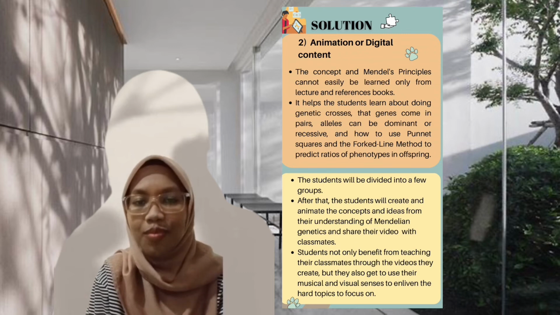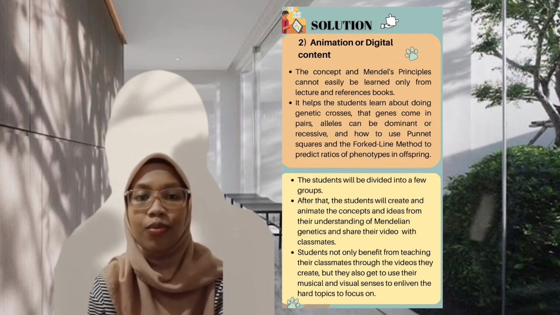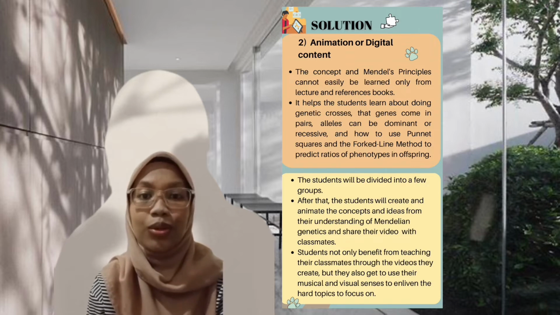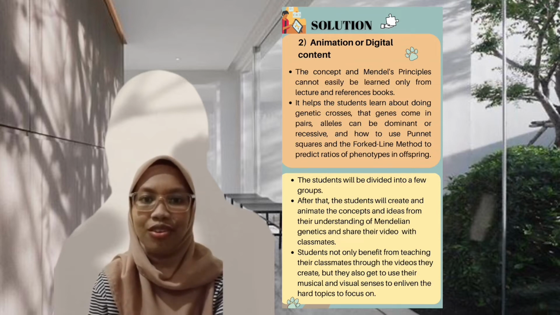Now, I will explain the second solution, which is animation or digital content. The concept and Mendel principle cannot be learned only from lectures and reference books. Through this animation or digital content, it can help the student learn about doing genetic crosses, especially involving tri-hybrid and dihybrid crosses.